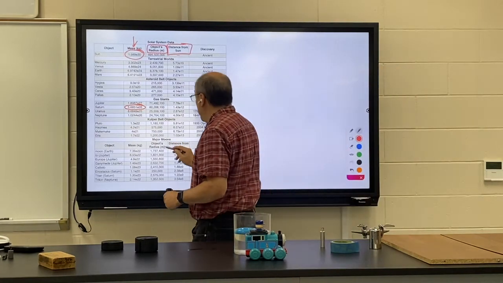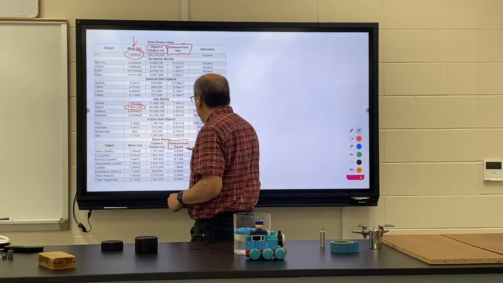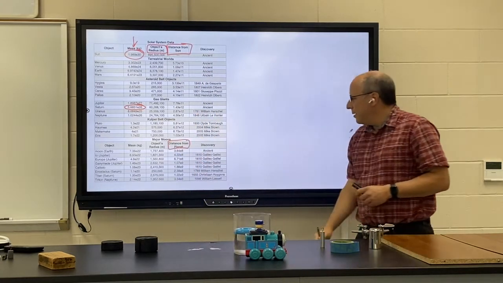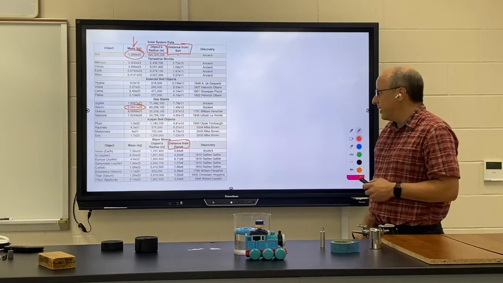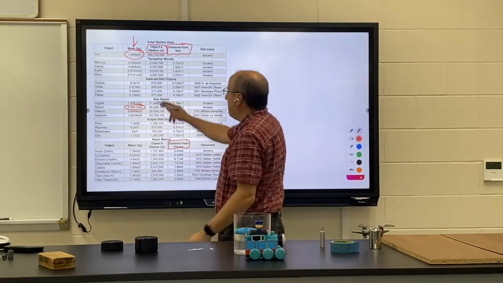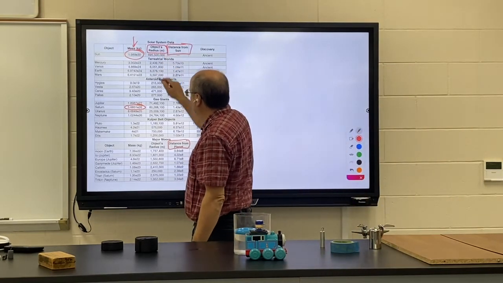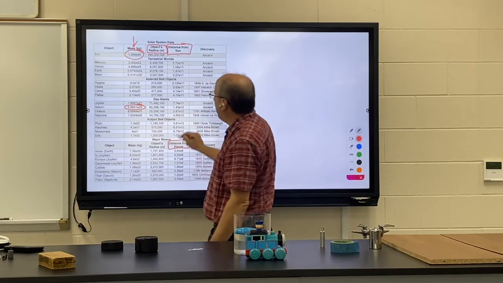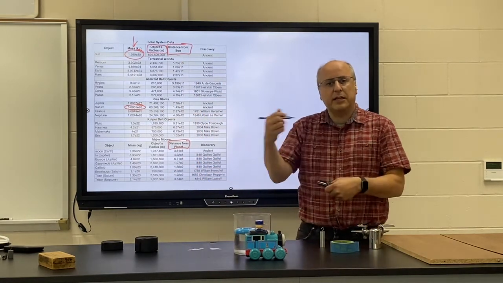Or if they're moons, how far they are from their planet that they're going around. So make sure you know how to read this. Mass of the object, how big is the object, how far is it from the object that it is orbiting.